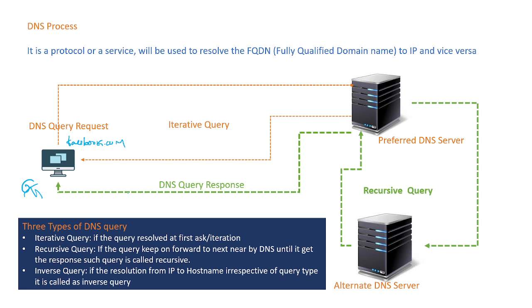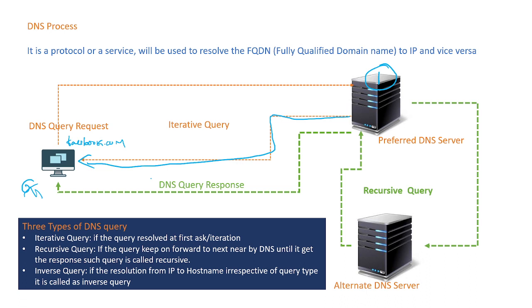It is not available, then the query will be forwarded to the preferred DNS server here, the very first DNS server. If the very first DNS server himself is able to respond back, that means at the first attempt only we are retrieving the information. I'm asking you, you are responding back with the answer. In that case, we call it an iterative query.